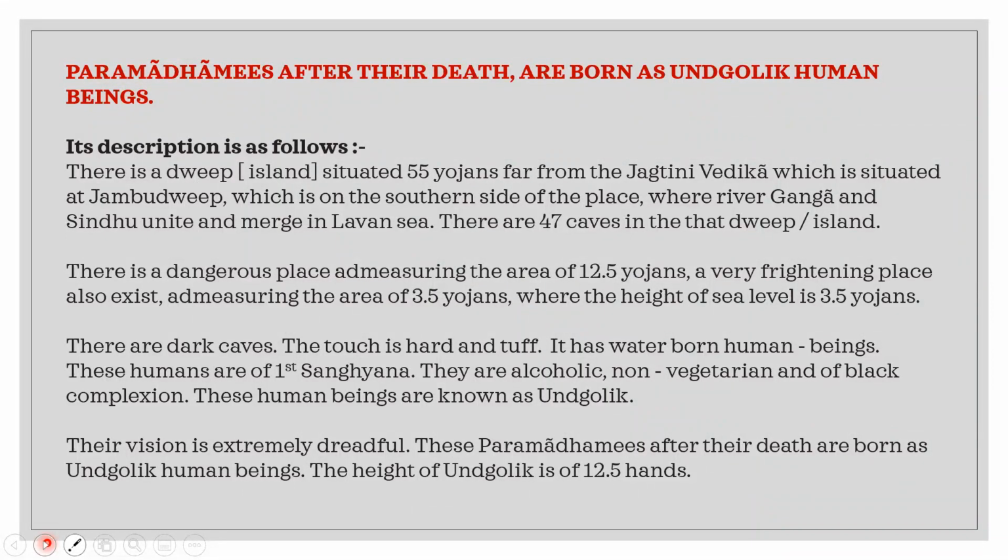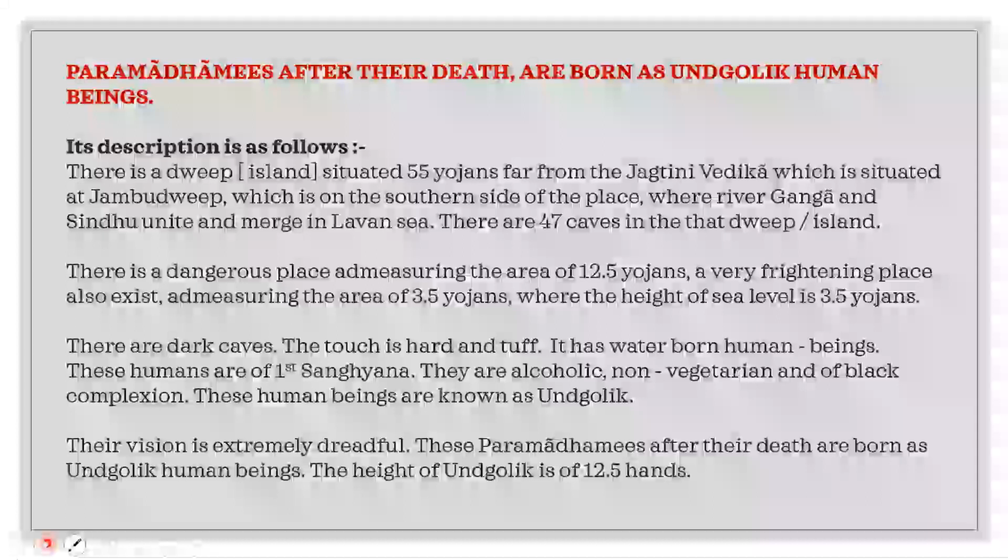And on this island, there are human beings that are born that are known as waterborne human beings. That means they are born with the ability to go under the sea, and they are waterborne human beings. And these human beings are extremely strong. They are of first Sangayan, and they are alcoholic, they are non-vegetarian, and they are of dark complexion.